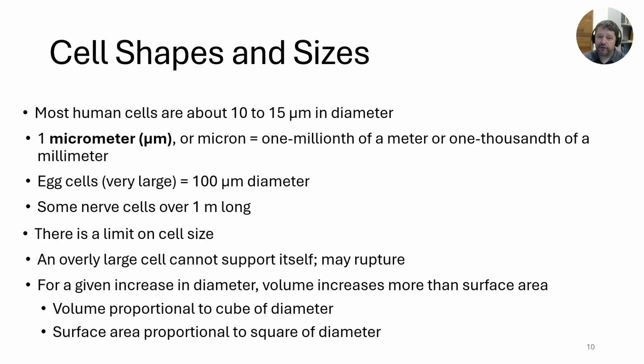Just to recap, we already talked about this a bunch of times, and it's a really important concept. There are a lot of students that believe elephants have bigger cells than humans, and humans have bigger cells than flies, and a housefly has bigger cells than a fruit fly or something like that. But that's not true.